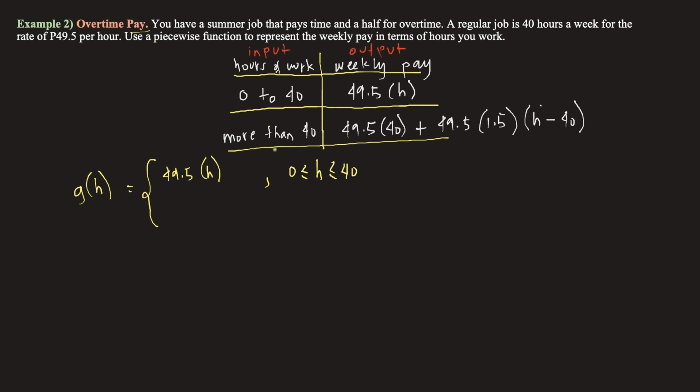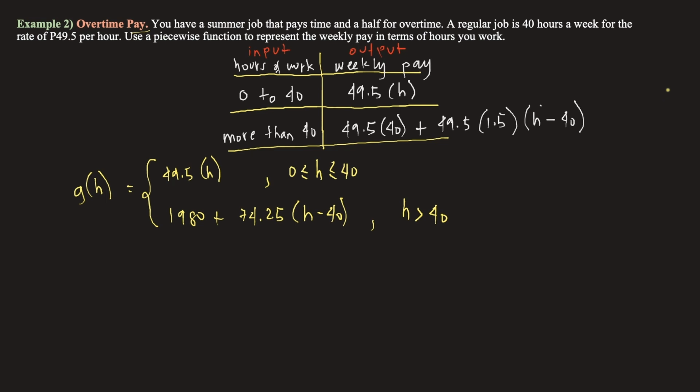So that is 49.5 times 40 for the regular hours of work, which is equivalent to 1,980, plus 49.5 times 1.5, that is 74.25 times h minus 40 whenever you work overtime, that is more than 40 hours, h is greater than, let me write that properly, h is greater than 40.